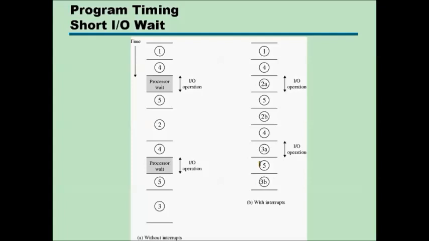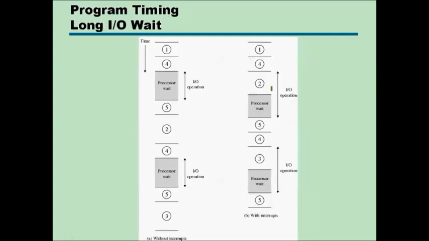So for example, we have the time here. So processor wait, I/O operation. Okay, so this is without interrupts. So this one, from the right side of your screen, is the I/O operation with interrupts. Okay, the 2A here, the 3A here shows the interrupts.